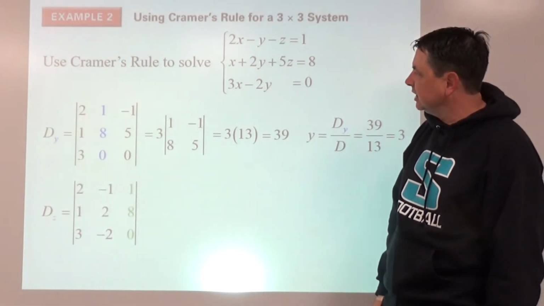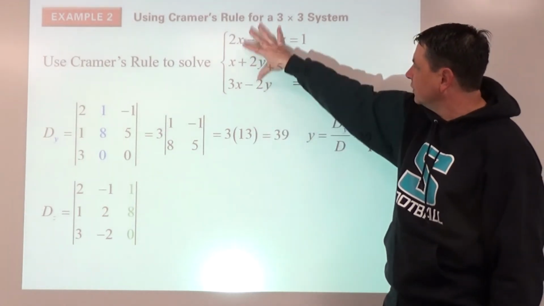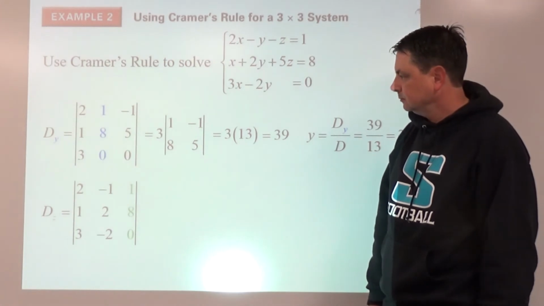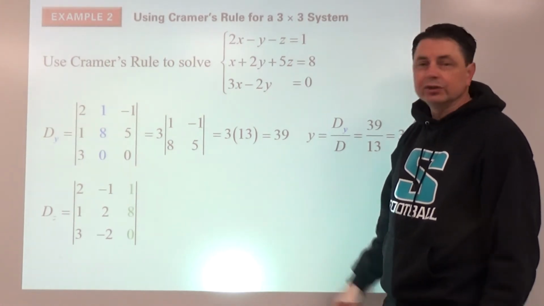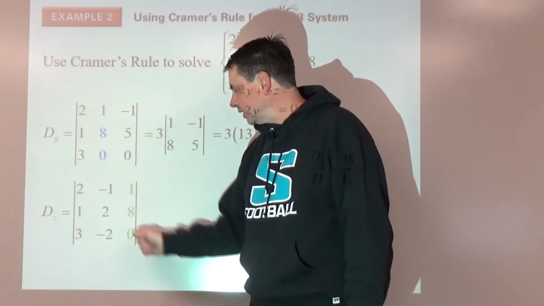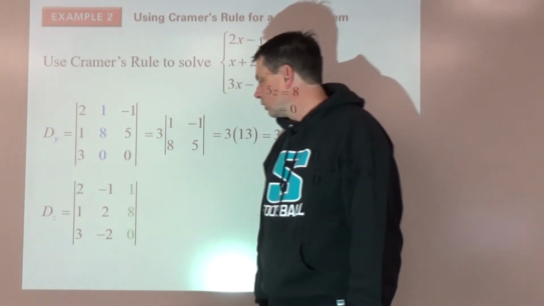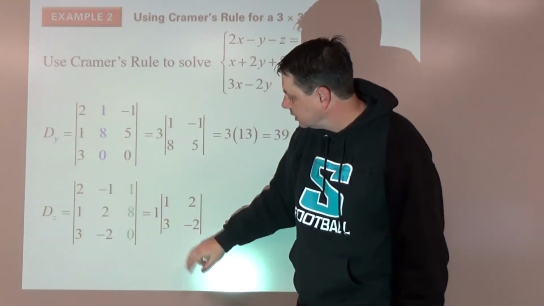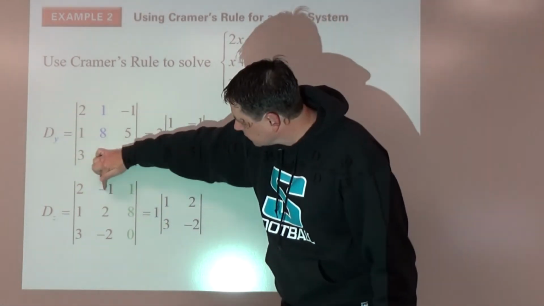D sub z: the original coefficients, replaced with 1, 8, 0. It really probably doesn't matter if we go here or here, but we definitely want to use the 0. Say we're going to go with the 1, that's a positive on the sign chart. Wipeout matrix, positive, negative.